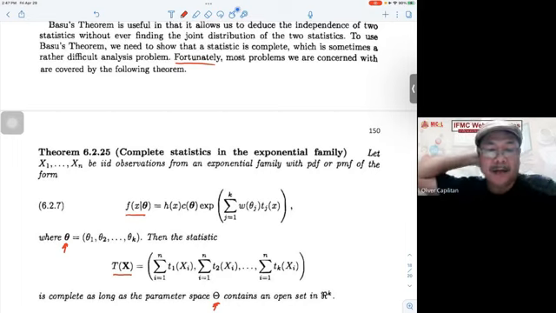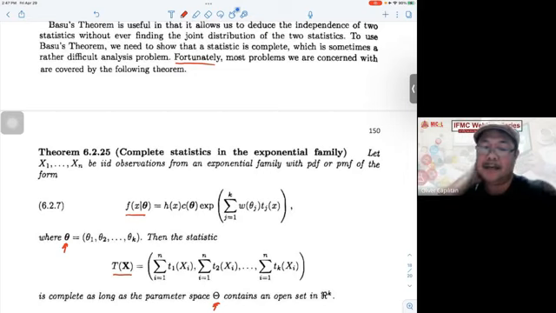Sometimes it would be difficult for us to show that our parameter space contains an open set in R to the K. Take note, we have here an R to the K. Ang ibig sabihin nitong R to the K, we have here K vectors of real numbers.